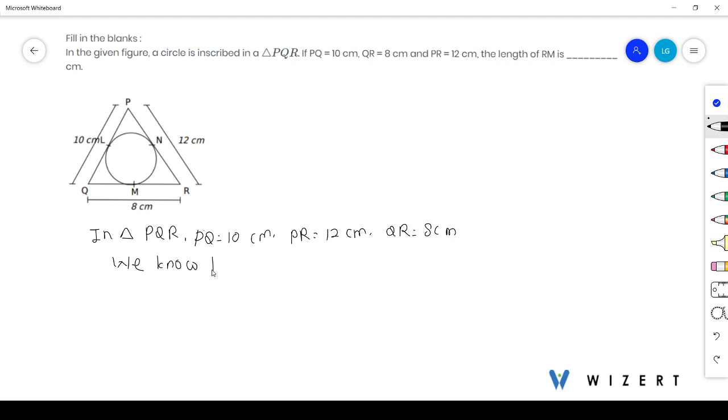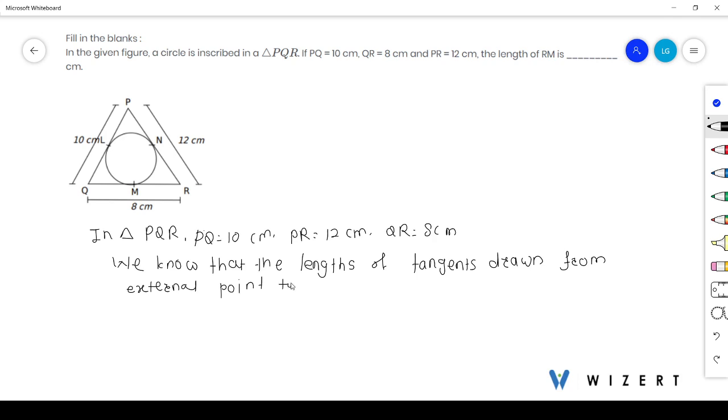As we know that the lengths of tangents drawn from an external point to a circle are equal.